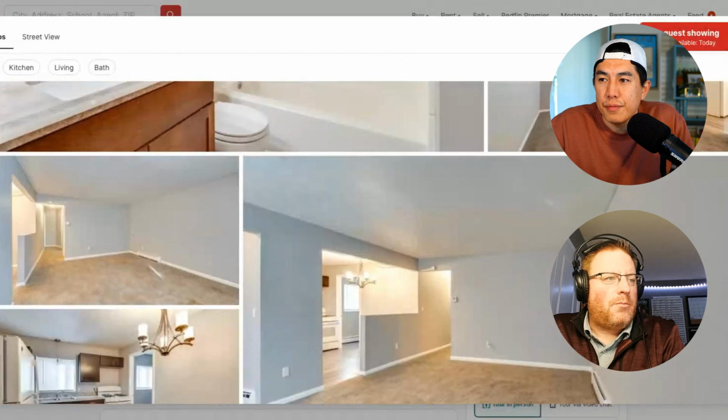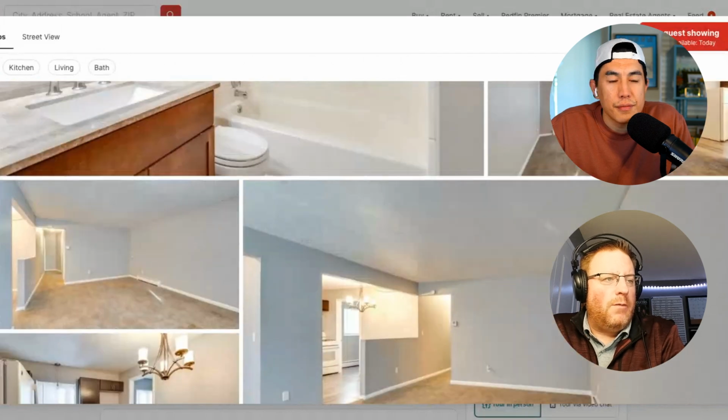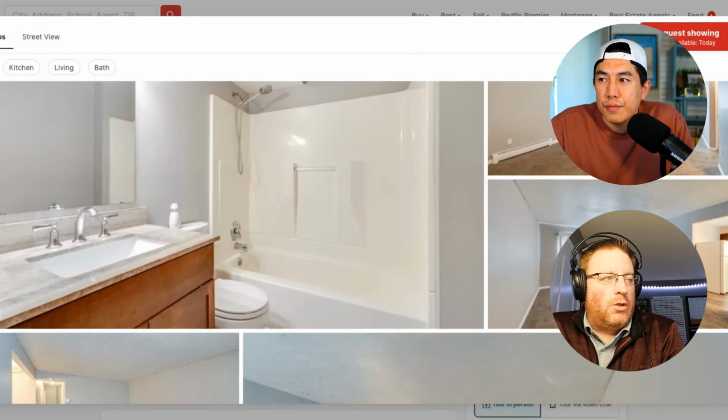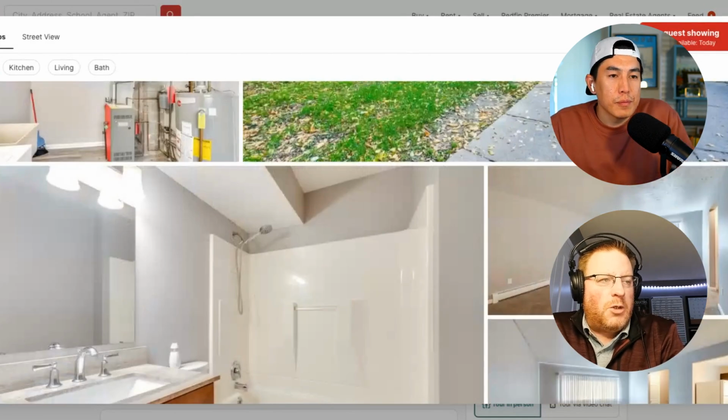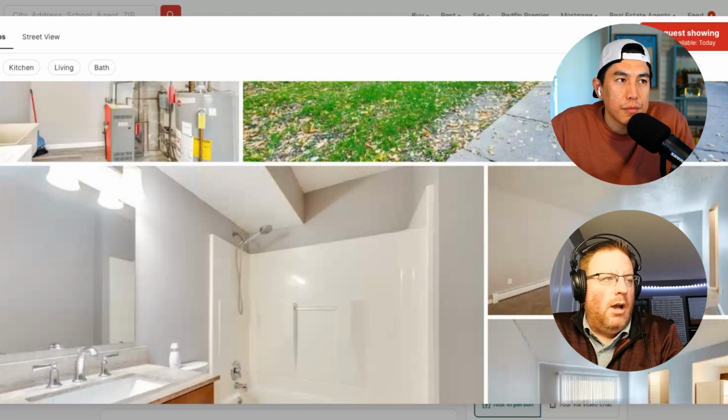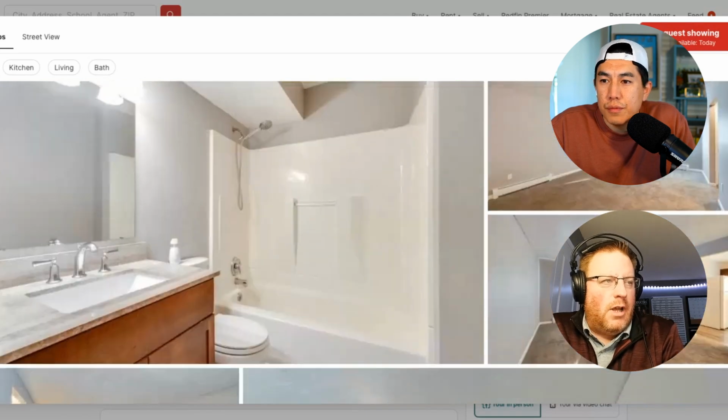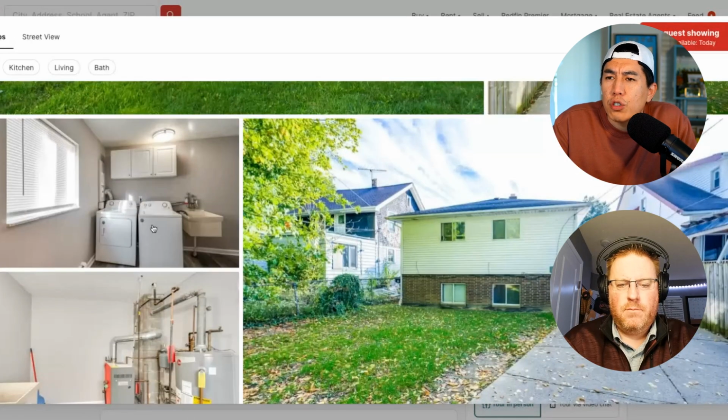Thumbing through the rest of the photos, it looks really clean. Fresh paint, fresh carpet, vinyl flooring in the kitchen, and it looks like newer cabinetry. Those are definitely not 70s cabinets, right? It's got appliances, which is nice. Where would the washer and dryers be if there's no basement unit for each of the units?